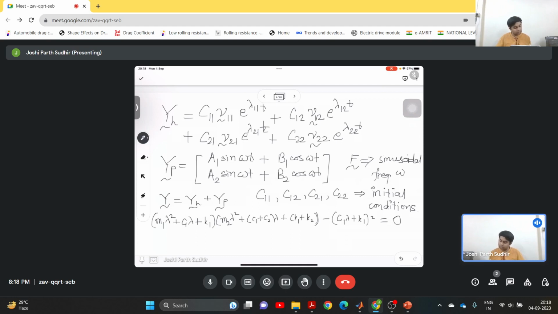If we expand this equation, we will get m1 m2 lambda to the power 4 plus c1 into c1 plus c2 lambda square plus c1 m2 lambda cube plus c1 into k1 plus k2 lambda.